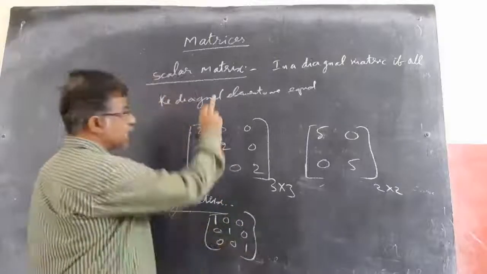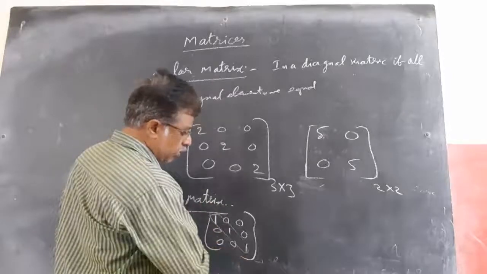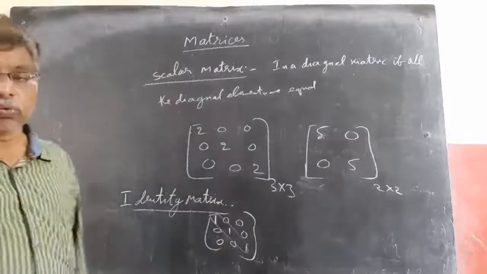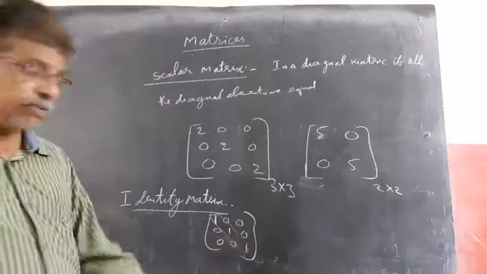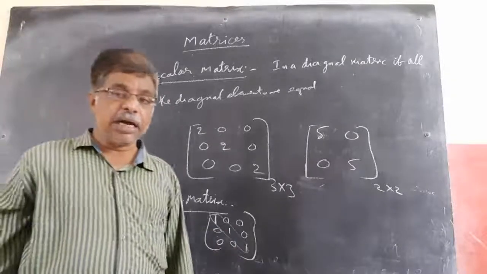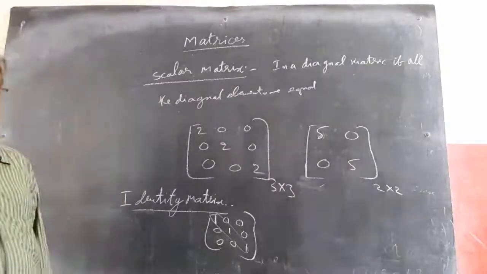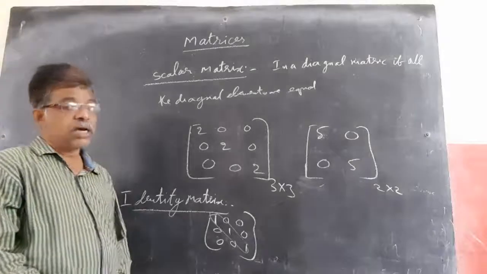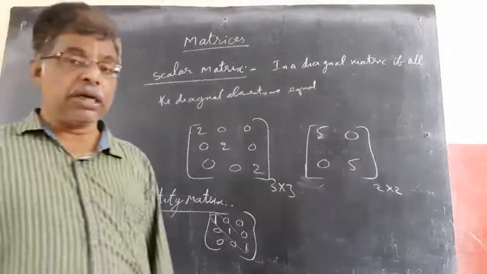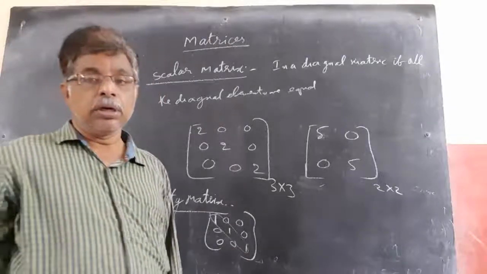In a scalar matrix, all the diagonal elements are the same, and here that must be equal to 1. So if the diagonal elements are 1 and the remaining are zeros, it is called an identity matrix or unit matrix. Next.